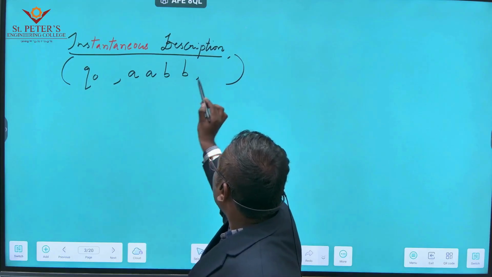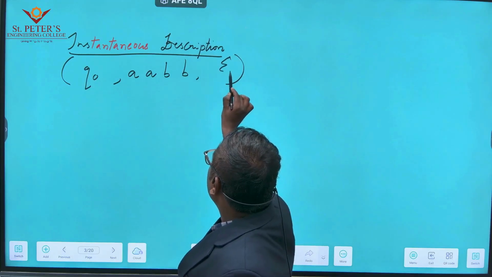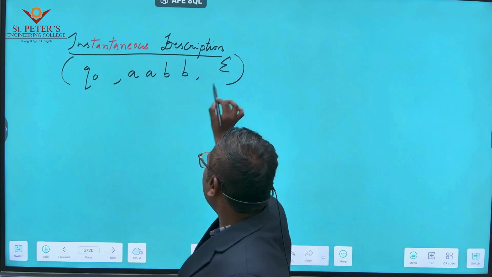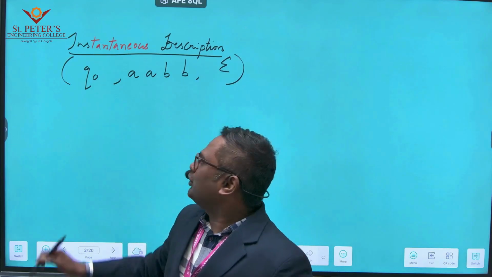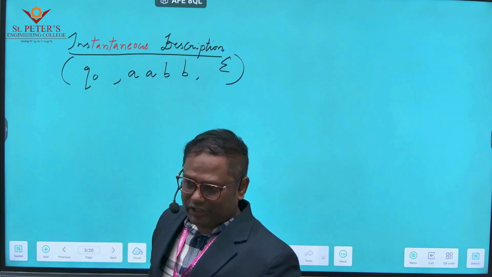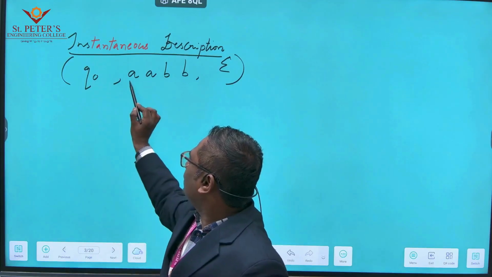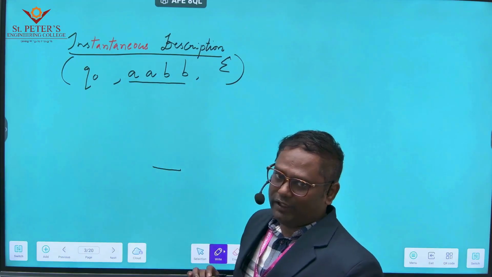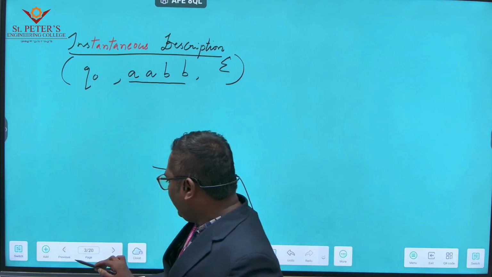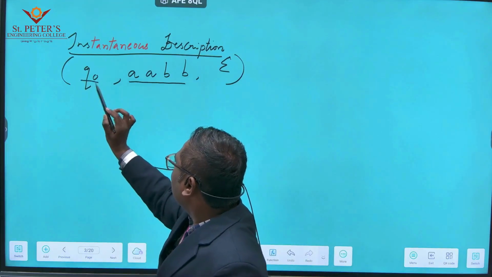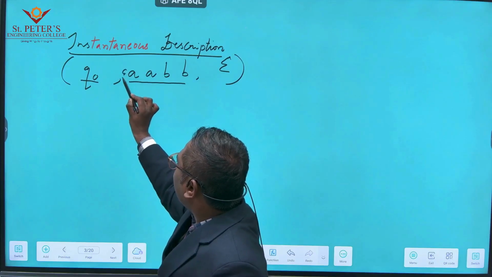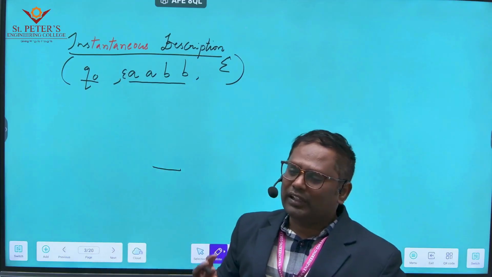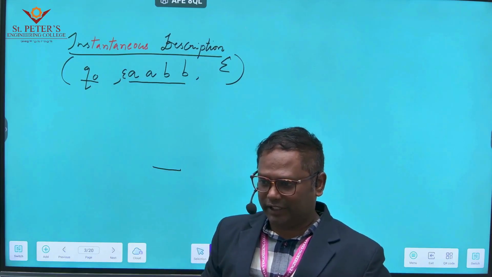Next, assume that initially nothing is there on the top of the stack, which is epsilon. So Q0 is the initial state, this is your input and this is the top of stack value. Adding epsilon in front of the input does not change the meaning of that input.